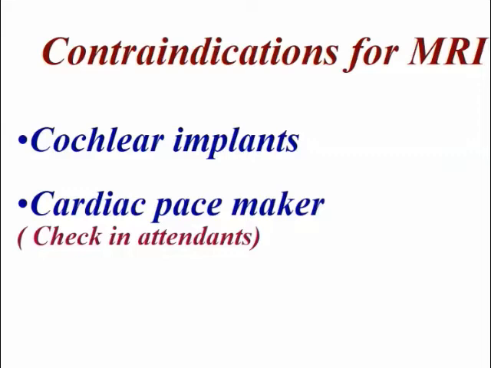Especially for MR, cardiac pacemakers are a big no. These parents or grandparents cannot enter the gantry room along with the baby. So your task is not just to educate the parents but also the grandparents.